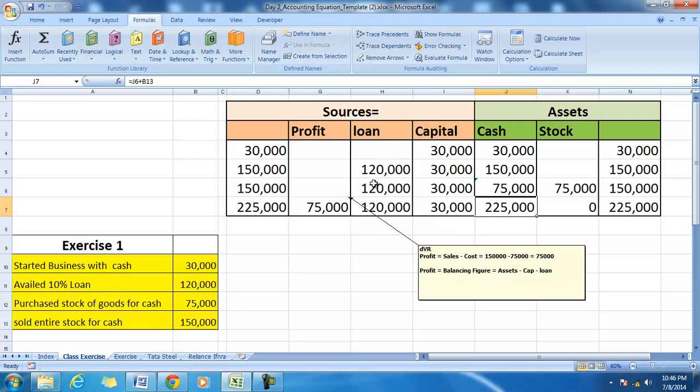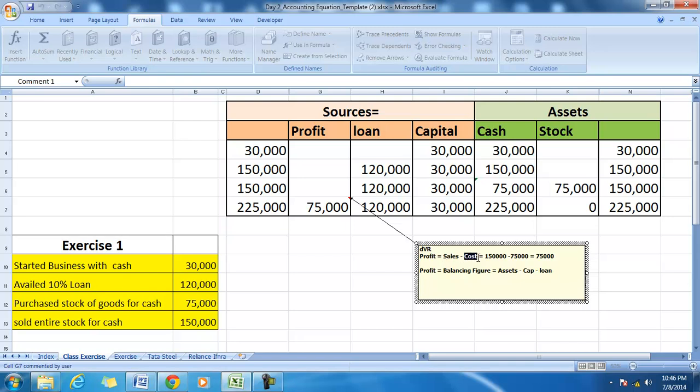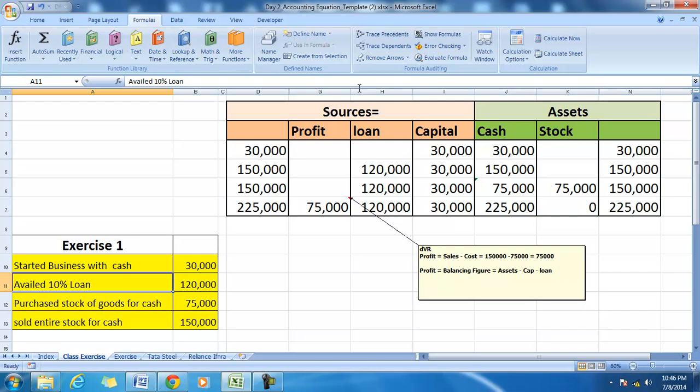There has to be a source, and that source is profit. Or profit can also be determined as sales minus the corresponding cost. So 150,000 minus the cost of goods sold gives 75,000. At this juncture, we have not recognized the interest. So this is the profit of the company without recognizing interest and other expenses which are not given here.